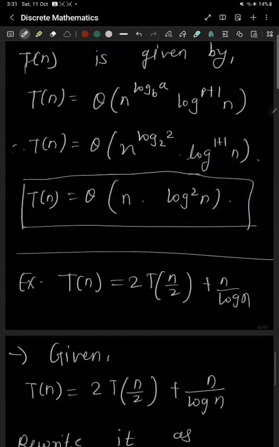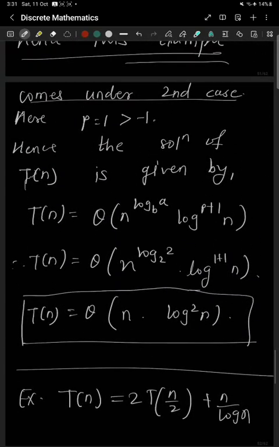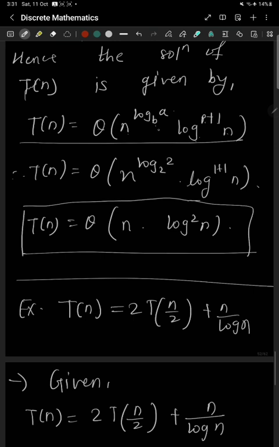So the example is solved by putting the values of a and b, which are 2 and 2, and the value of p, which is 1. When we put all the values, we can solve it further.